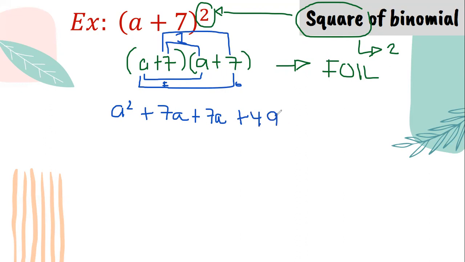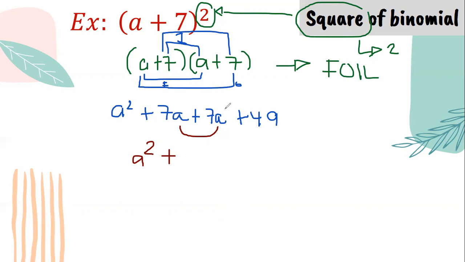This is not yet the final answer because you still have to combine like terms. In this equation, the like terms are 7a and another 7a. So we have to combine them first by adding these two terms. A squared plus 7a plus 7a, just add the numbers.